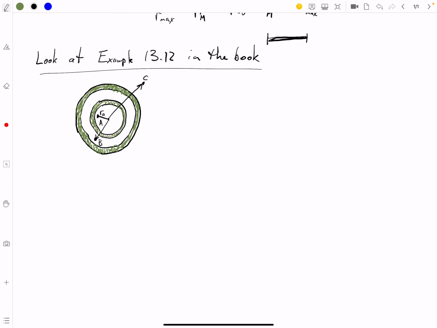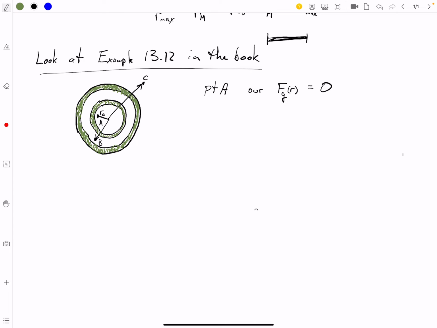I don't know if you want to take my word for this, but inside at point A, that's inside all of the masses, let's do the force. Okay, the force of gravity as a function of R, that's going to be 0.